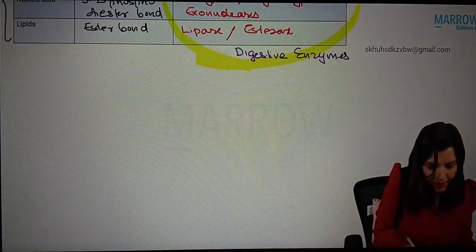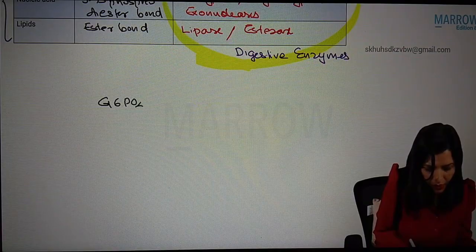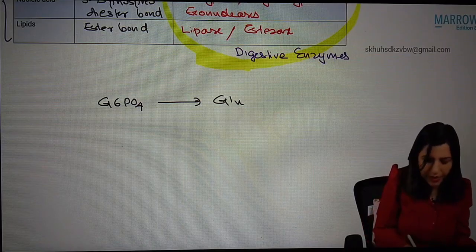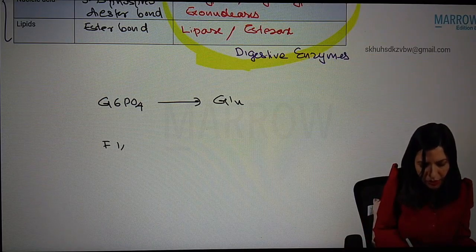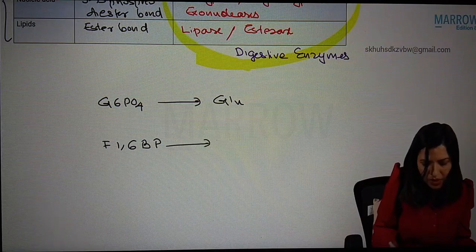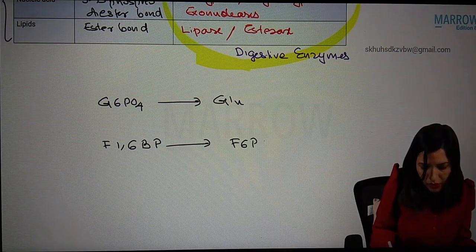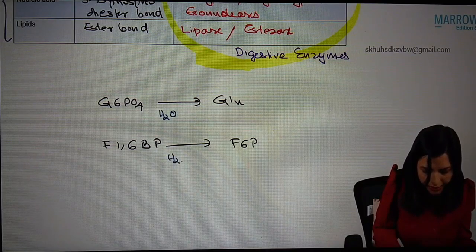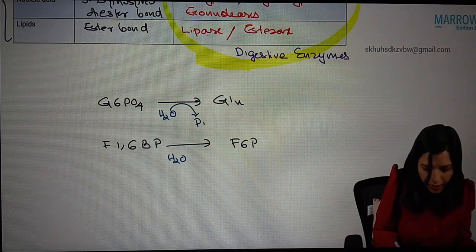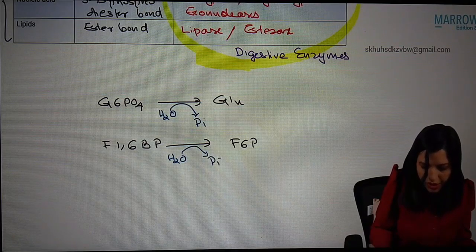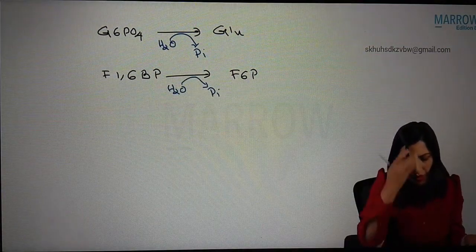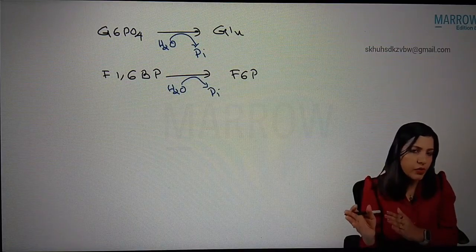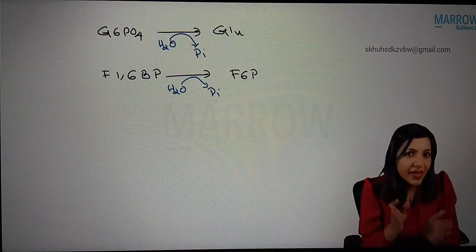Other examples I will write here. Glucose 6-phosphate is converted to glucose. Or in other words, one more reaction, fructose 1,6-bisphosphate is converted to fructose 6-phosphate. In all these reactions, what we can see is a water is added and a phosphate is released. It is not released as ATP, it is released as an inorganic phosphate which is called Pi. So water is added, a phosphate is removed. So it's a breaking of a covalent bond by adding water.